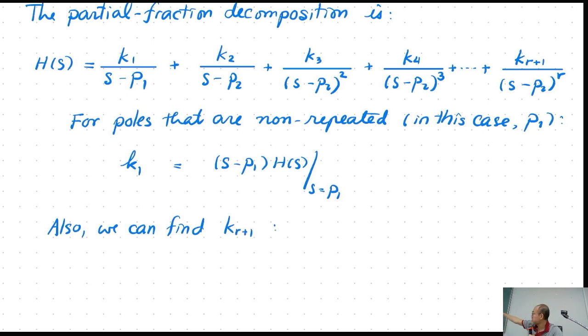That is the last term: K(r plus 1) is equal to (s minus p2) to the r times H(s), and then s is equal to p2.